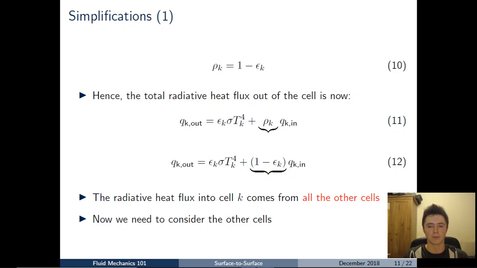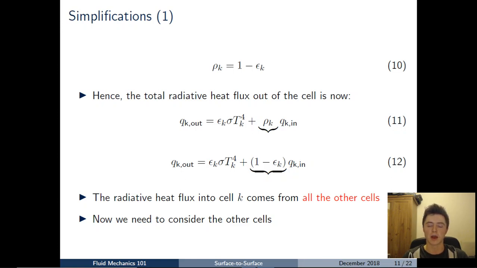So now we have the total heat flux per unit area out of the cell is given by the emissive power plus 1 minus the emissivity times the radiative heat flux per unit area that's incident on the cell. So we're making progress now. We're about halfway through deriving a full radiative heat balance for our cell. And the one thing we have left to try and work out is q_K incident on the cell.